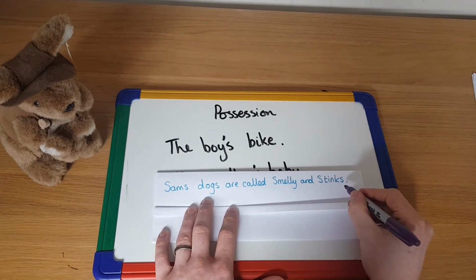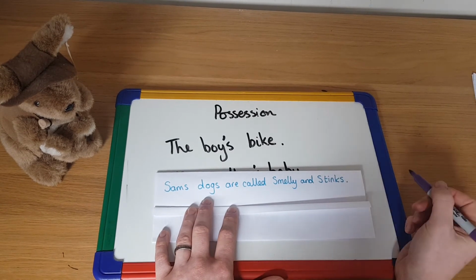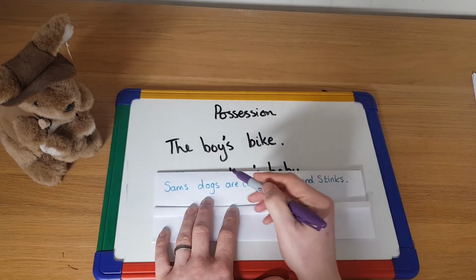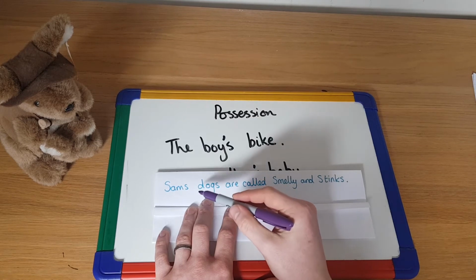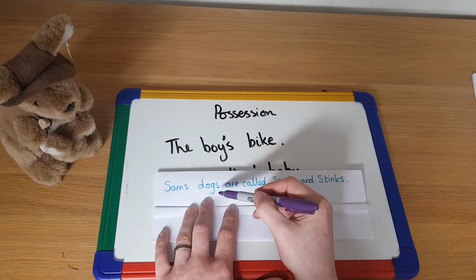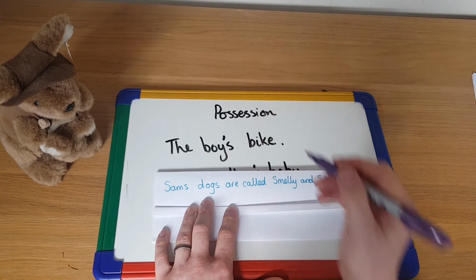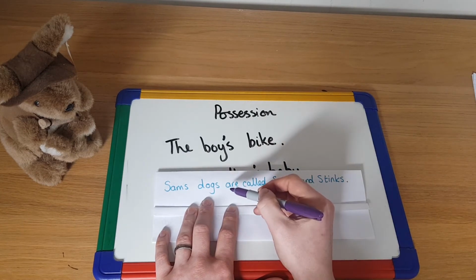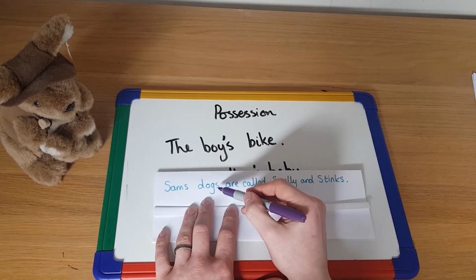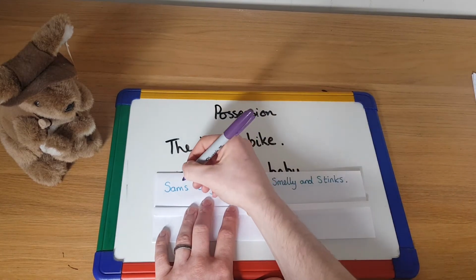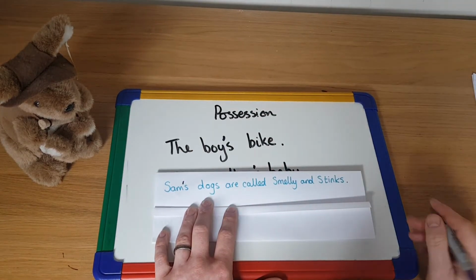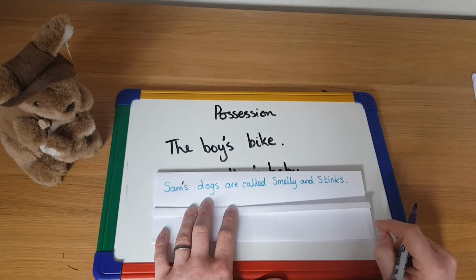First of all, Stinks is his name, so he doesn't need an apostrophe in his name. Next one, Sam's dogs. I'm saying there are more than one dog, so there is a plural. This is a plural noun, so I don't need an apostrophe to show that there are more than one dog. I'm happy just to put the S on there. What I want to show is that Sam owns these dogs. So they are Sam's dogs, and then you'll get full marks for that question.